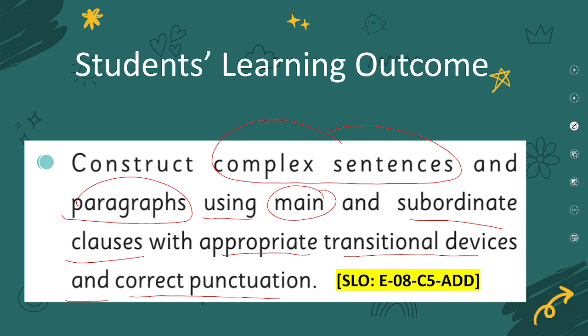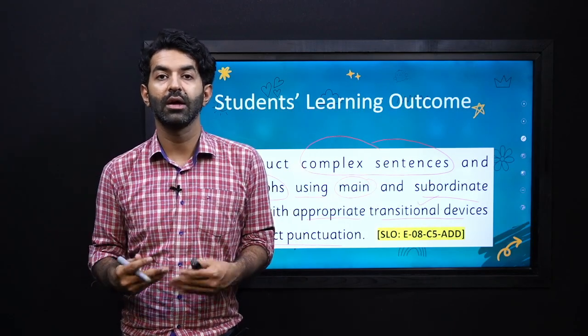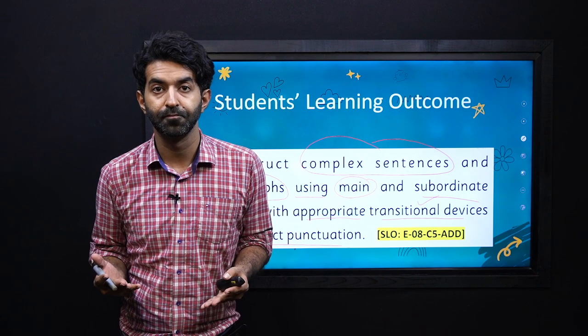They work together to make a complex sentence. This is what we are going to learn, and we will also see how there are some conjunctions, some devices for transition. They are added in our sentences, and we also will see how in this whole scenario we can add correct punctuation.